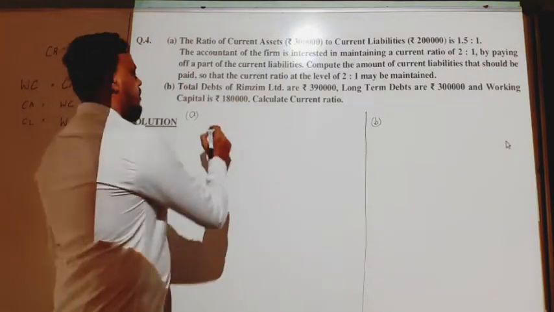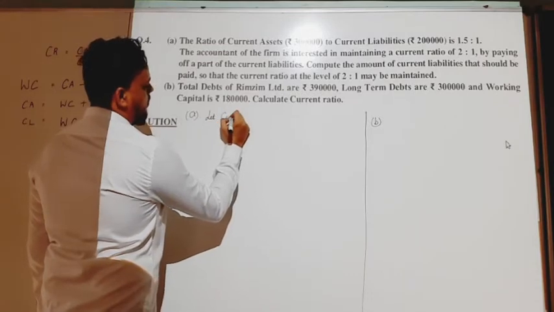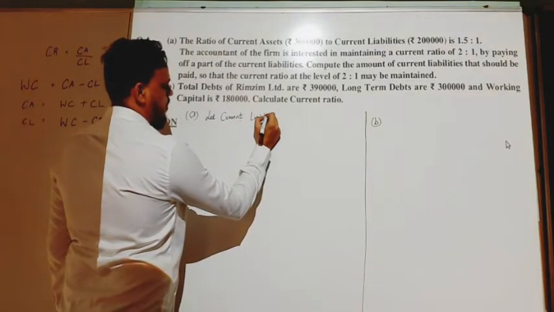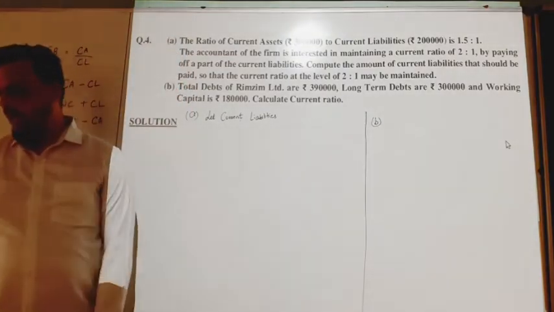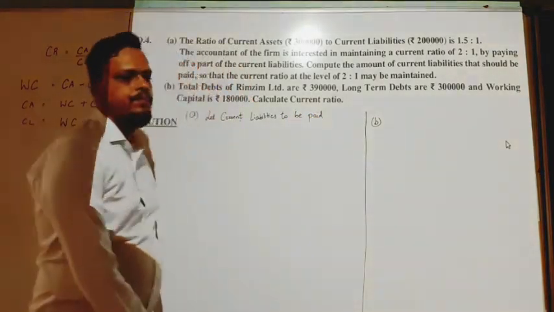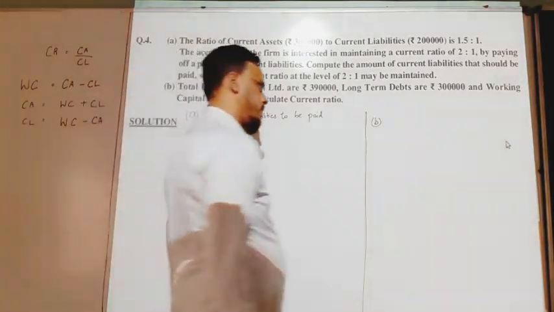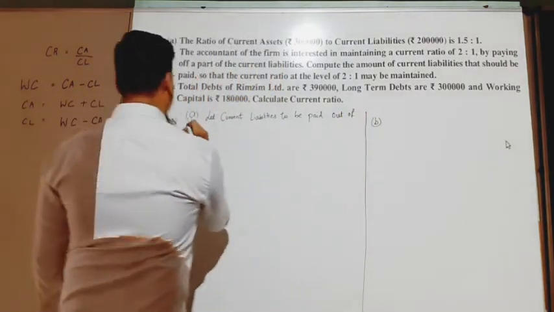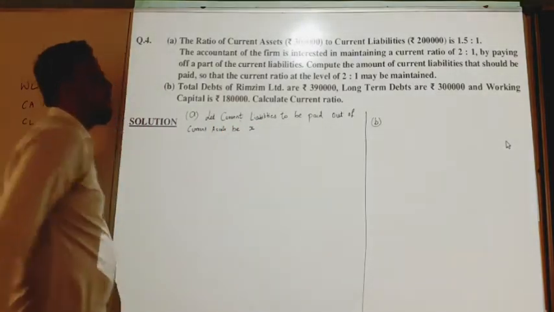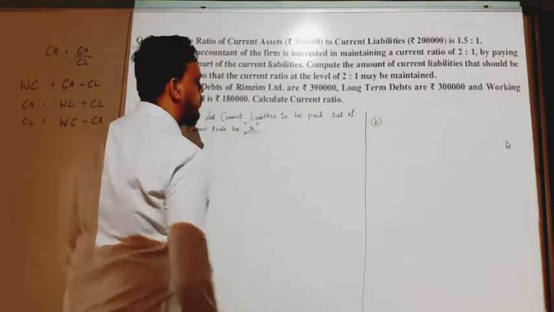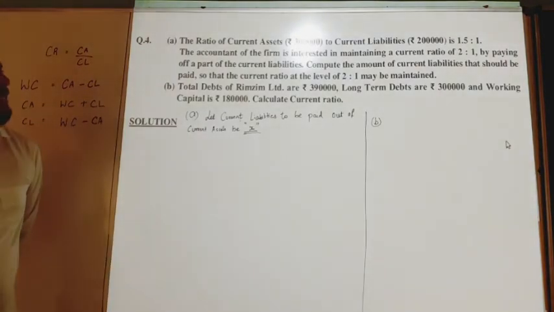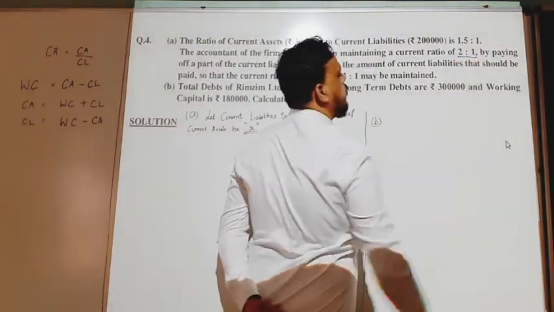So let's begin with the supposition. Let the current liabilities to be paid out of current assets be X. We have denoted it through X. Now we have to exactly make the ratio 2 to 1.